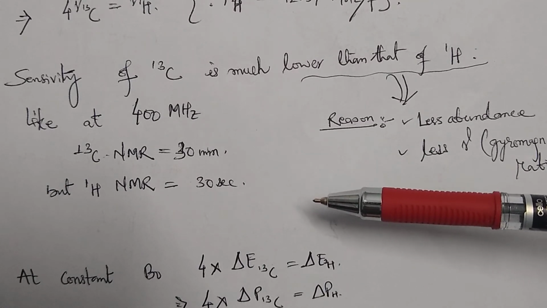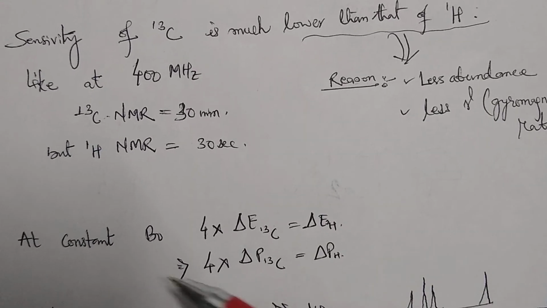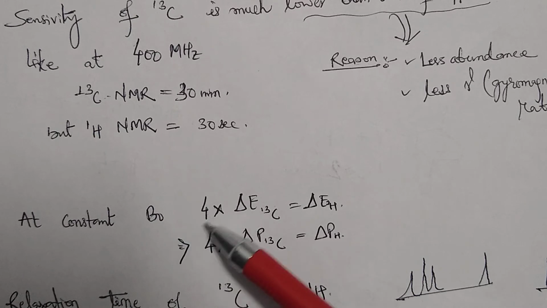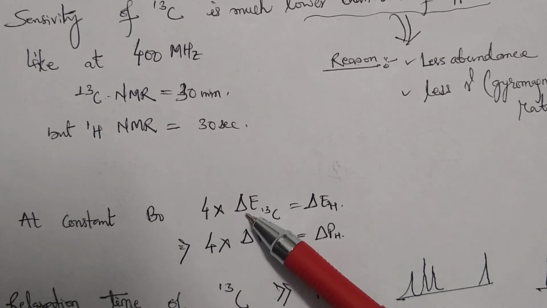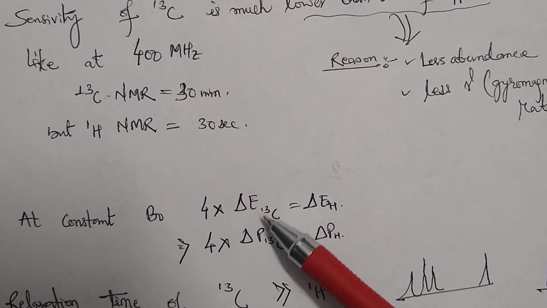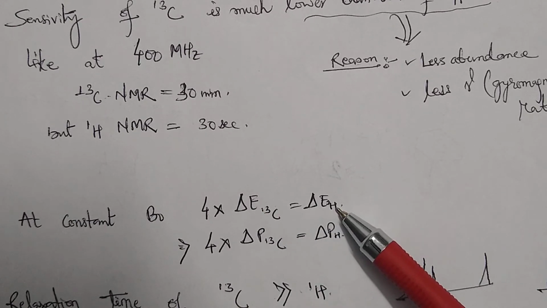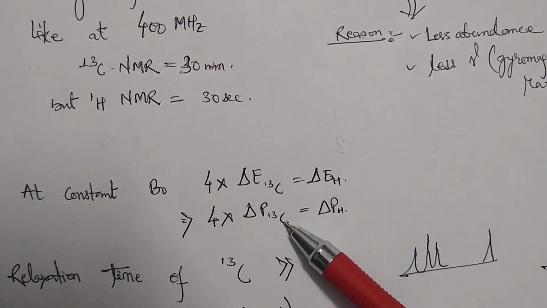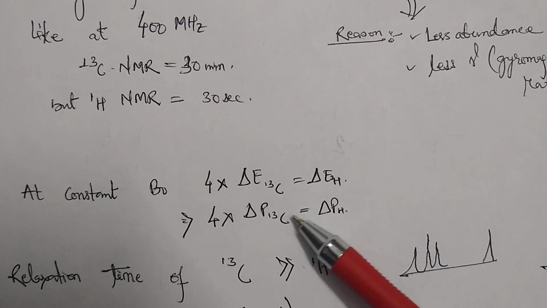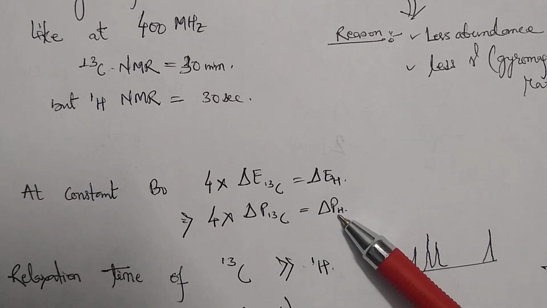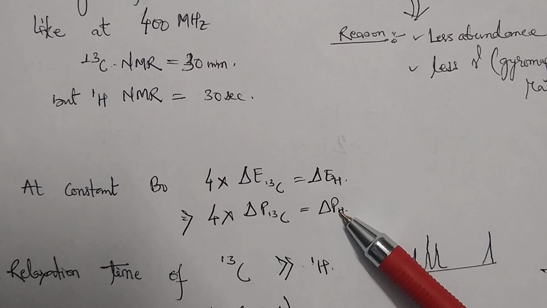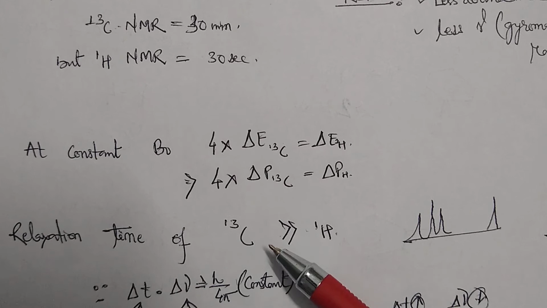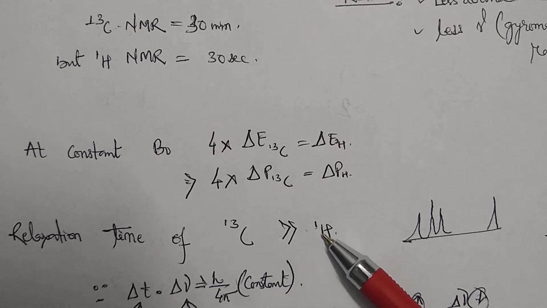Now we can understand this: at constant magnetic field B naught, 4 times the energy difference for 13C equals the energy difference for the proton, and similarly 4 times the population difference for 13C equals the population difference for the proton. Which implies that the relaxation time of 13C will be very much higher than that of the proton.